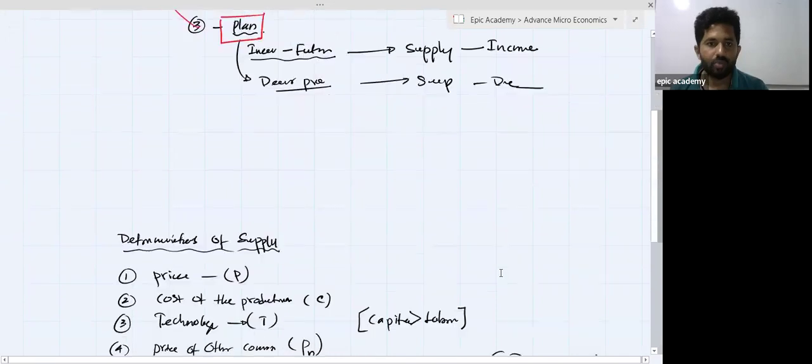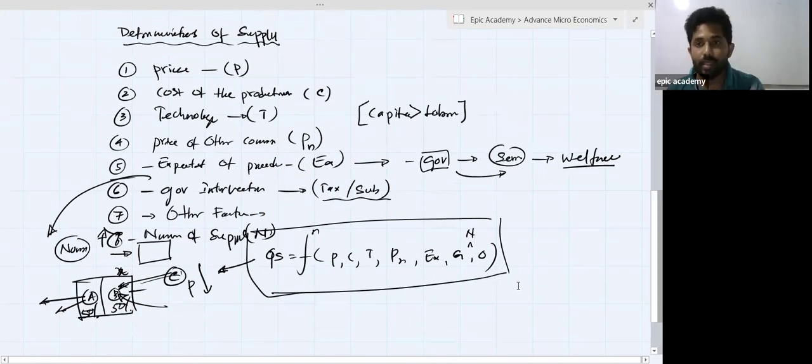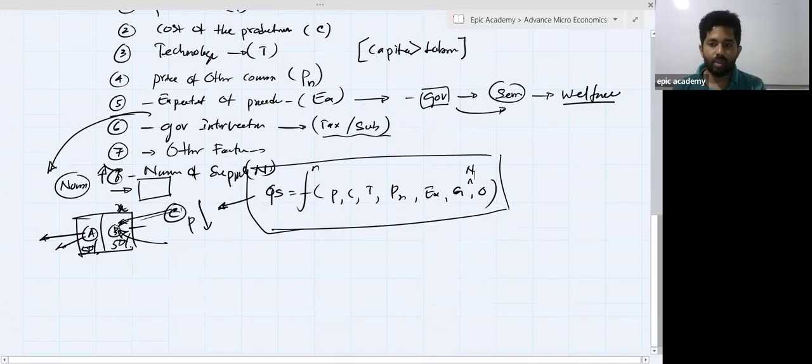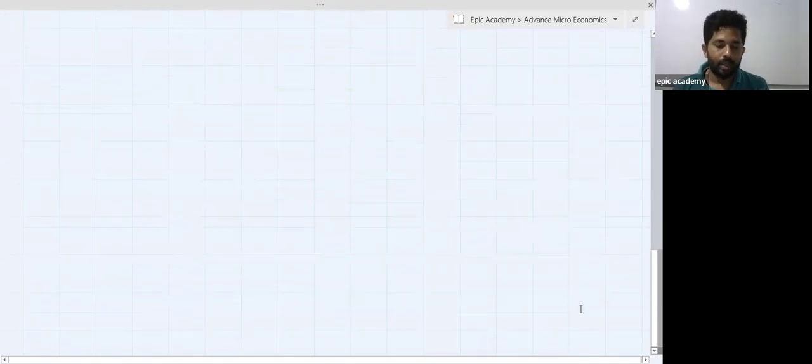Now we identified the determinants of supply, and by using those determinants we created the supply function. Then I'm going to discuss the law of supply, which is related to the theory of supply.